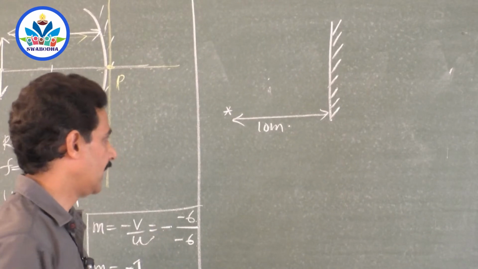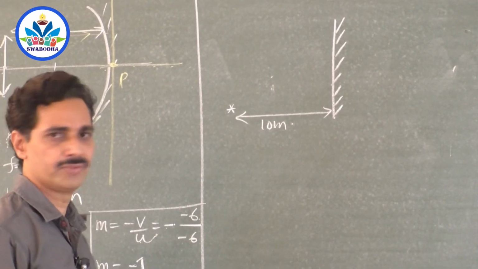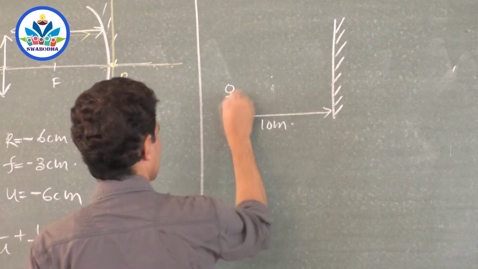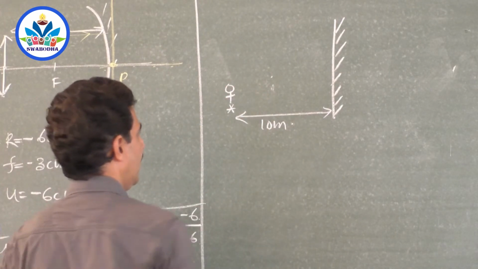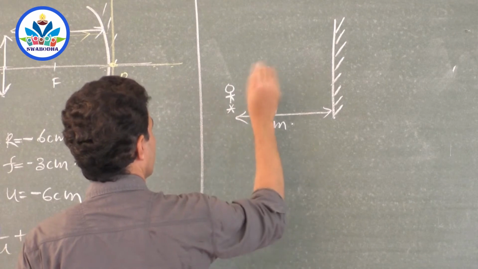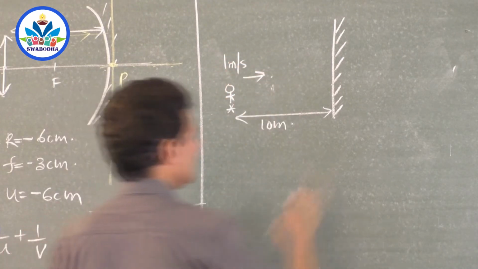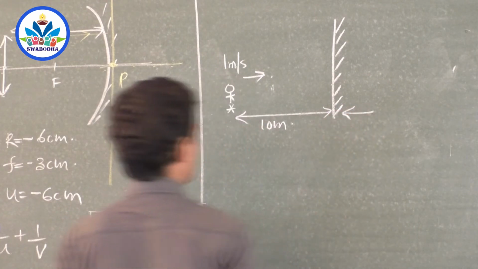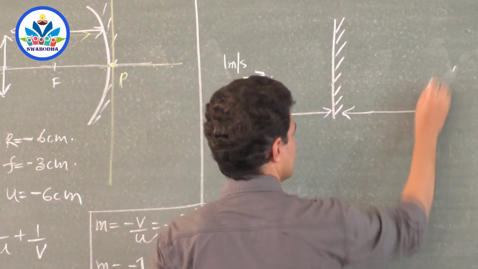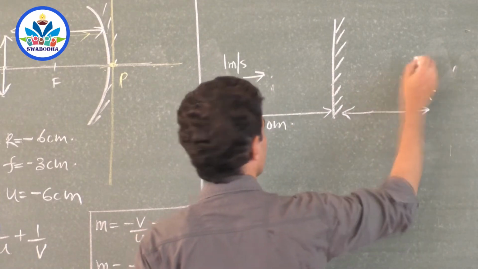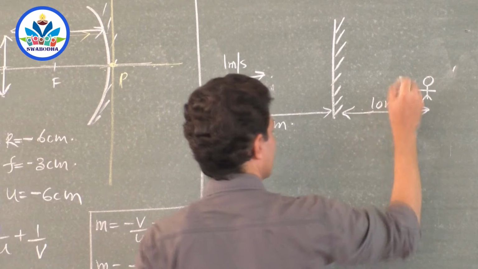We will have some discussion on this so that it will be helpful for entrance exams also. Suppose I am standing at a distance of 10 meters from the mirror, and I am moving at 1 meter per second towards the mirror. This is the situation before you start moving, and your image is standing at a distance of 10 meters from the mirror, inside the mirror.